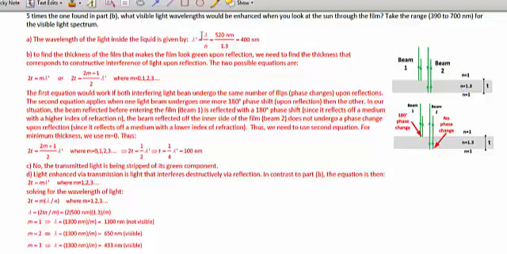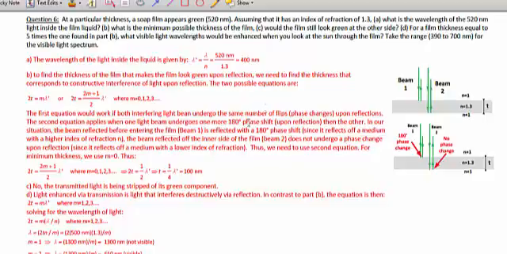Lambda prime, remember, is lambda over n, 400 nanometers. The thinnest film is going to correspond to m equals 0. When m is equal to 0, we end up having 2t equal to 1/2 lambda prime, and t is 100 nanometers. Okay.